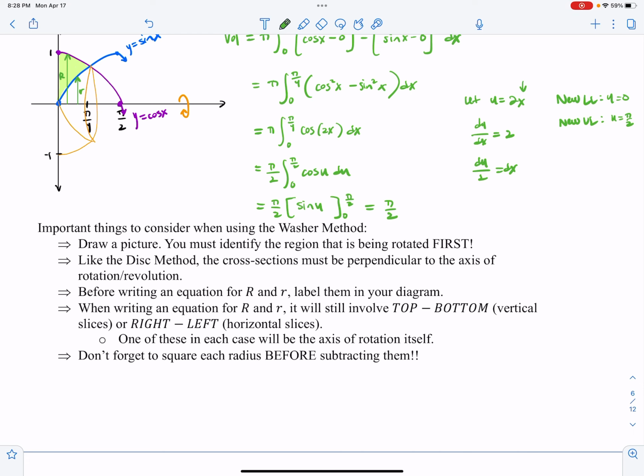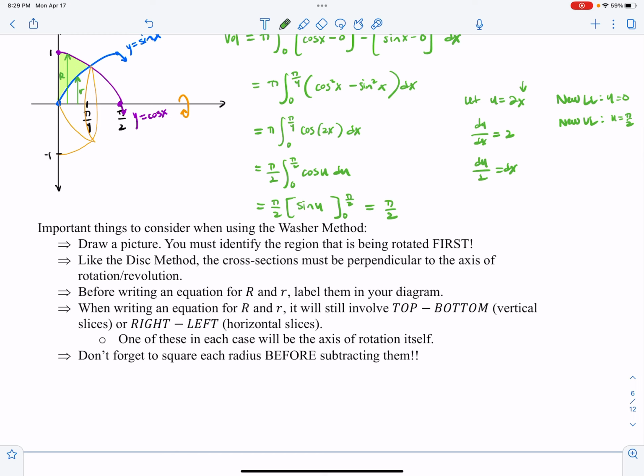Before writing your equation for big R and little r, label them in your diagram so you can visualize. And then remember that big R and little r, if with respect to x, so vertical slices, will be top minus bottom. If you're using horizontal slices, so integrating with respect to y, then big R and little r will be right minus left.